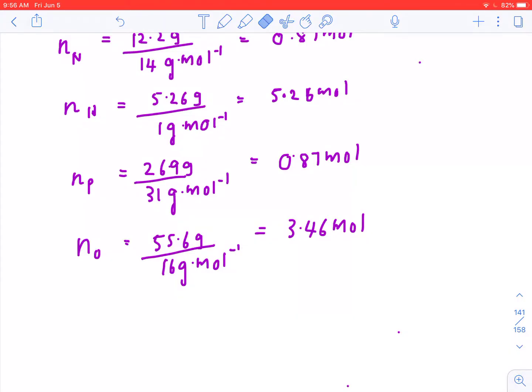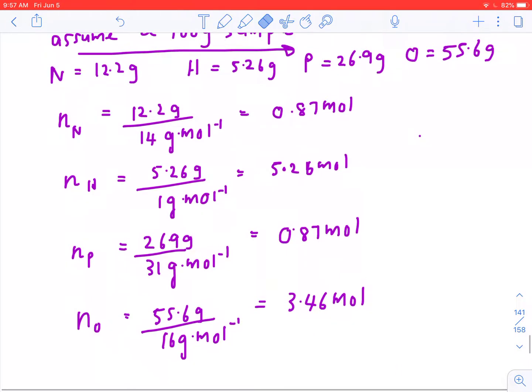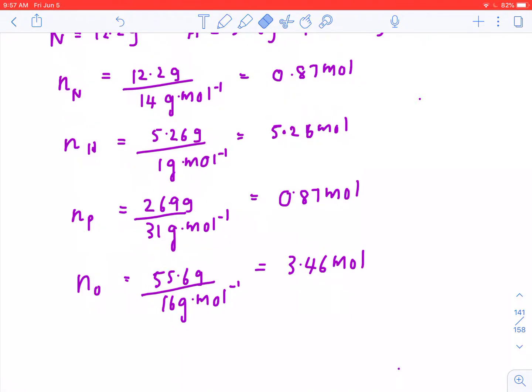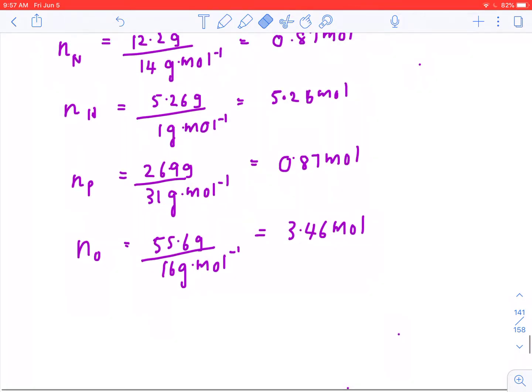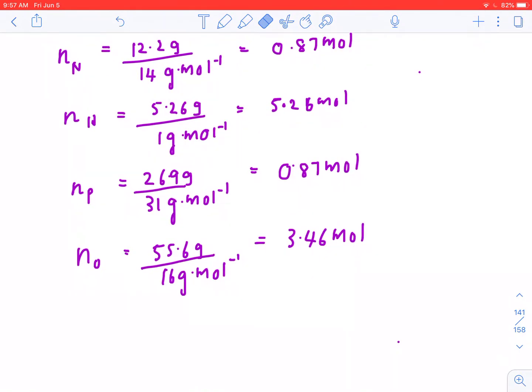But now, what do we want to do? We want to divide this by the smallest value, right? Which would mean we have N of N is to N of H is to N of P is to N of O, isn't it so?